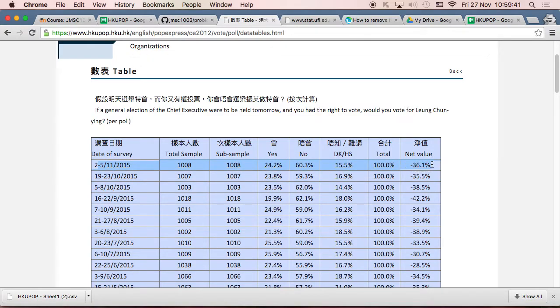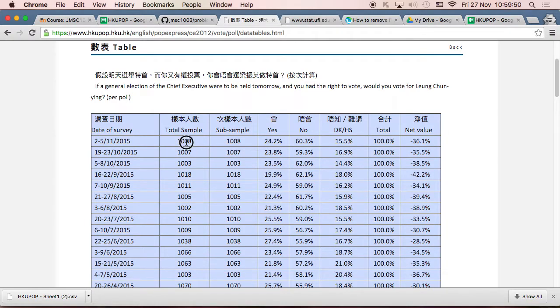In every survey they ask this question, and some of them will say yes, some of them say no. They surveyed 1,008 people in the latest survey, and most of them say no.